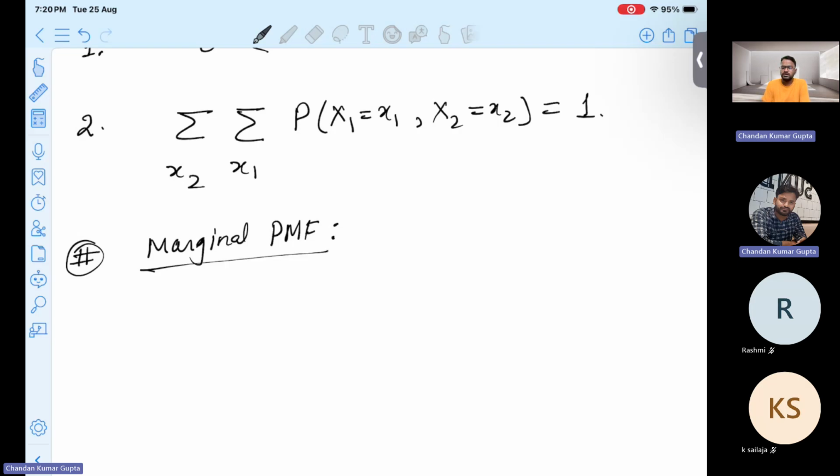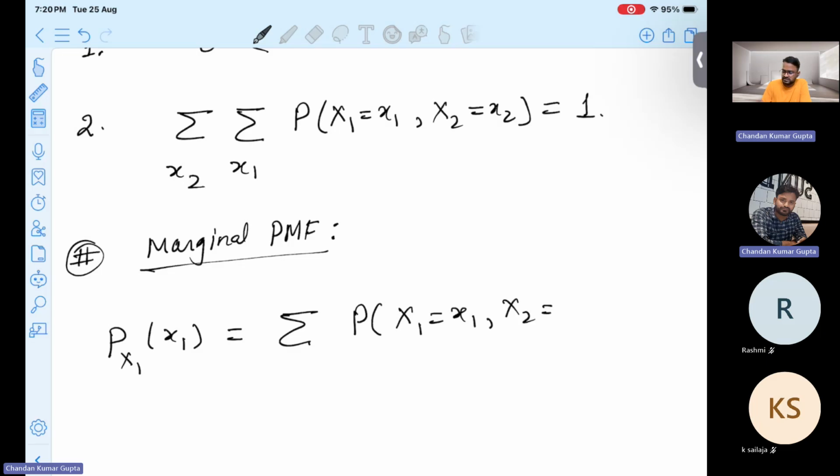Now with the help of the joint PMF, we are able to construct or find the marginal PMF. How is it found? Suppose I need the probability mass function of the random variable X1. That is the joint probability mass function P(X1 equals x1, X2 equals x2), and we take the summation.